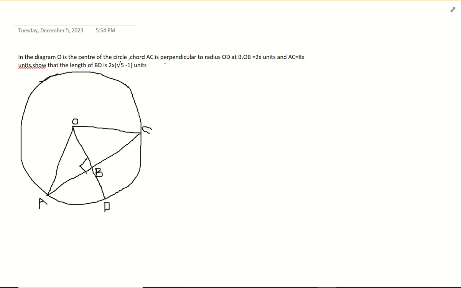Okay, to start off this problem, we are going to write first what we are given. What we are already given is that OB is equal to 2x. Then our reason, in brackets, will be given.